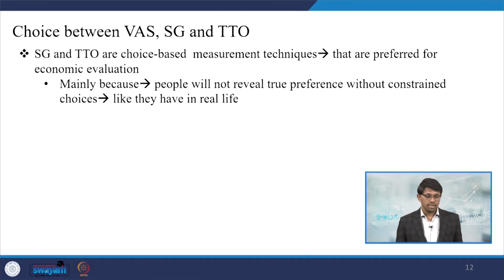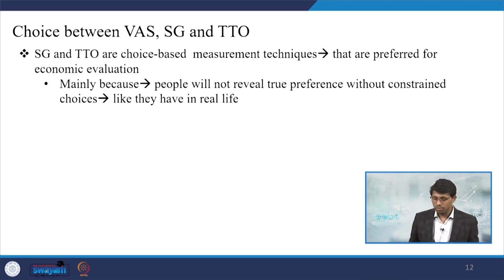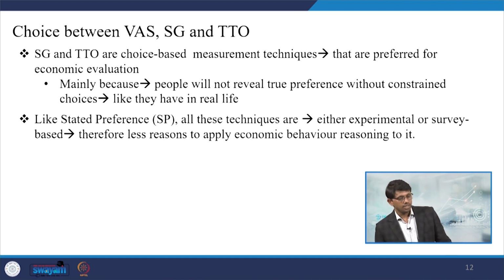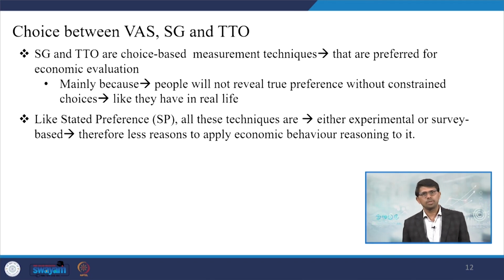SG and TTO are choice based measurement techniques that are preferred for economic valuations. Okay. And this is because people mainly will not reveal true preference without constrained choices like they have in real life. Like stated preference, that is SP, all these techniques are either experimental or survey based, hence less reason to apply economic behavior reasoning to it.